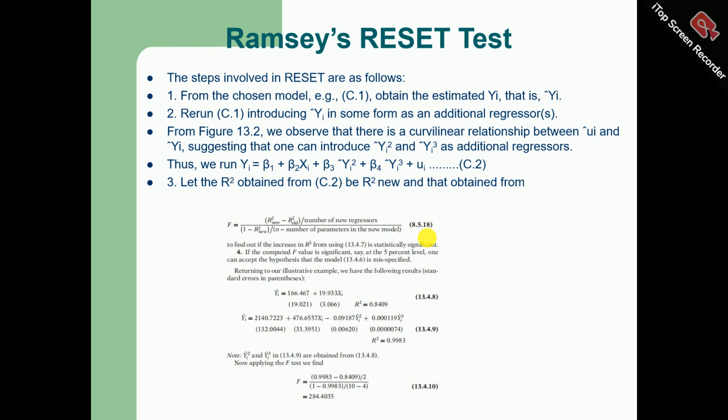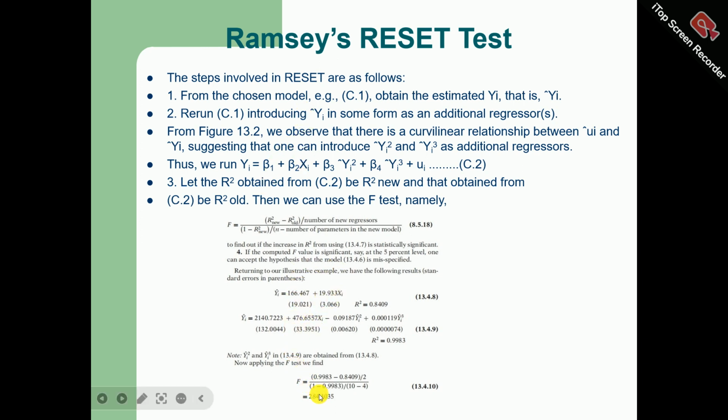and let the R square obtained from the C2 equation be R2 new, and that obtained from C1 be the R square old. Then we can use the following F test. This is the formula, and if you look at these calculations, these statistics are based on these two models.